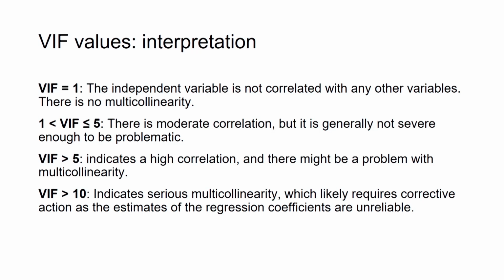If the VIF value is between 1 and 5, then we say there is a moderate correlation, and it is not severe enough to be problematic. So we can ignore this and take all the independent variables. But if VIF is greater than 5, it indicates high correlation, and there may be a problem because of this multicollinearity, so we need to take care of this.